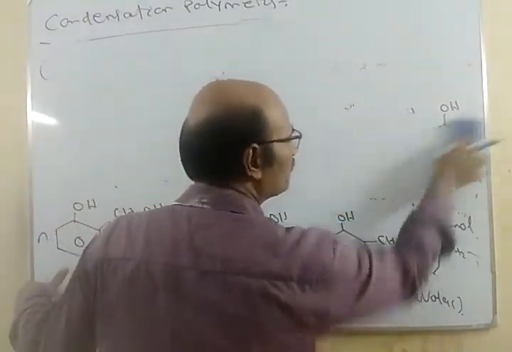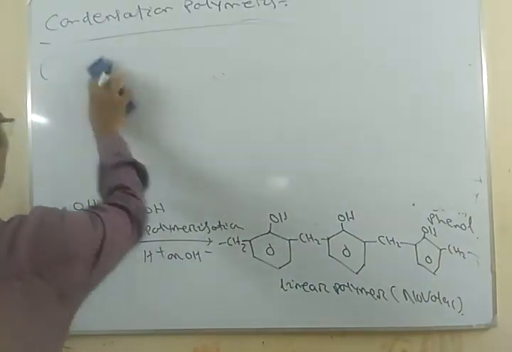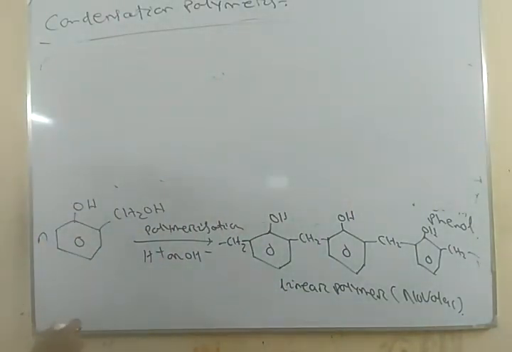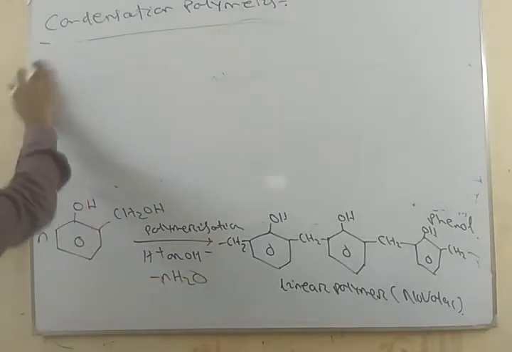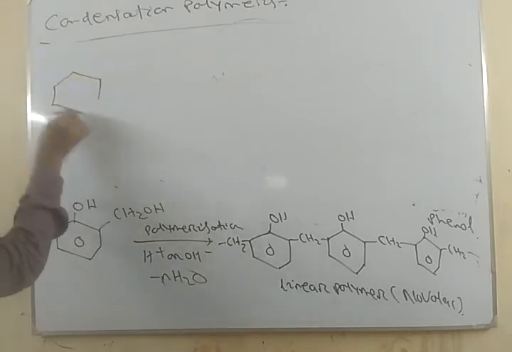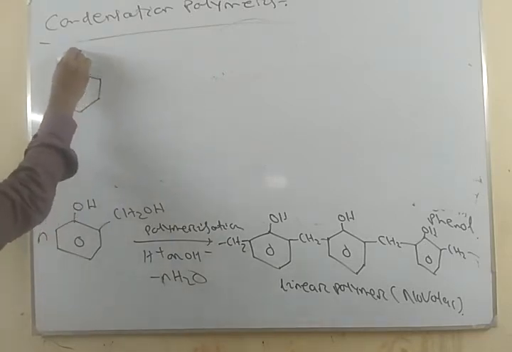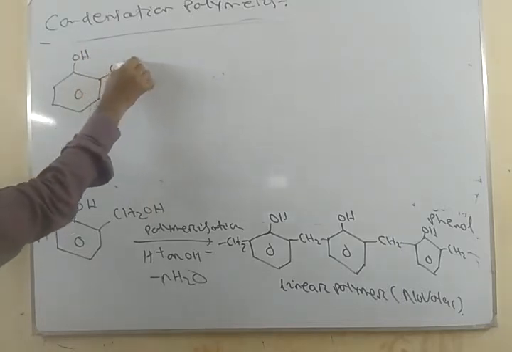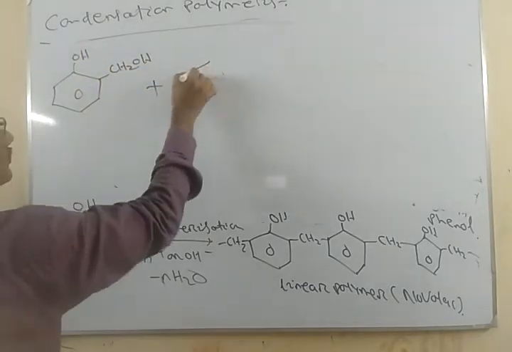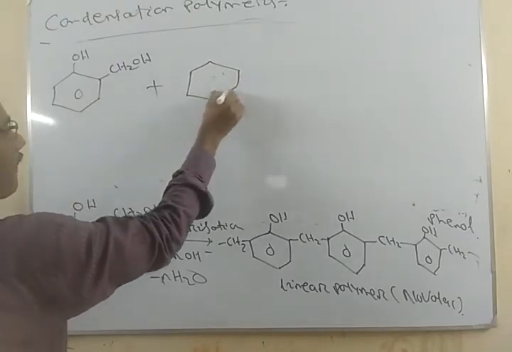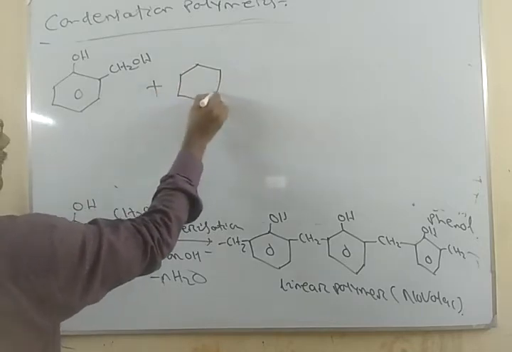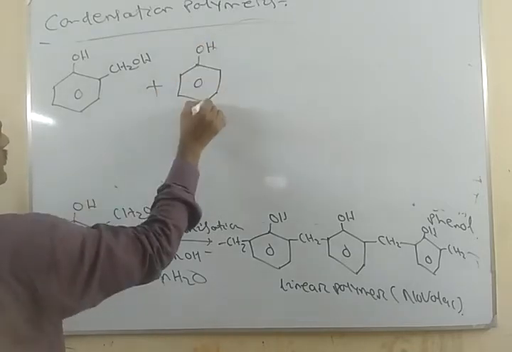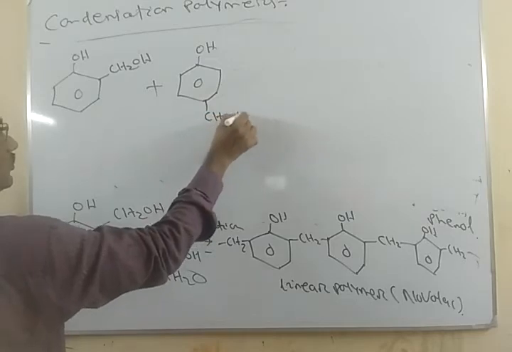Now if I take the combination of these two, both ortho and para, then I will get what, cross-linked. You see, if I take, so and water, okay, this is OH, CH2OH plus this is OH, CH2OH.